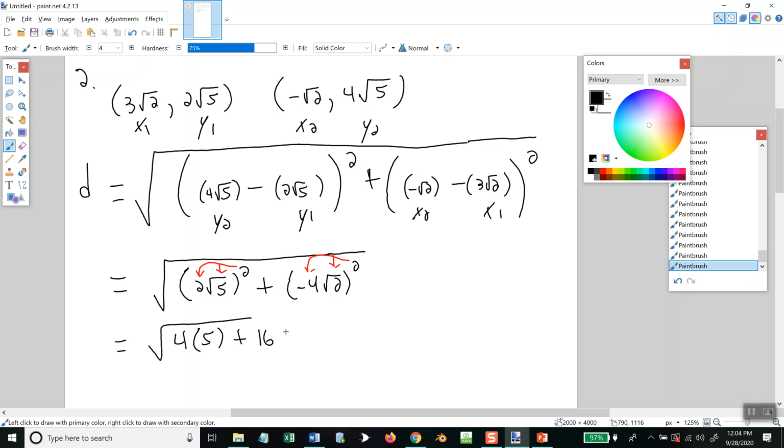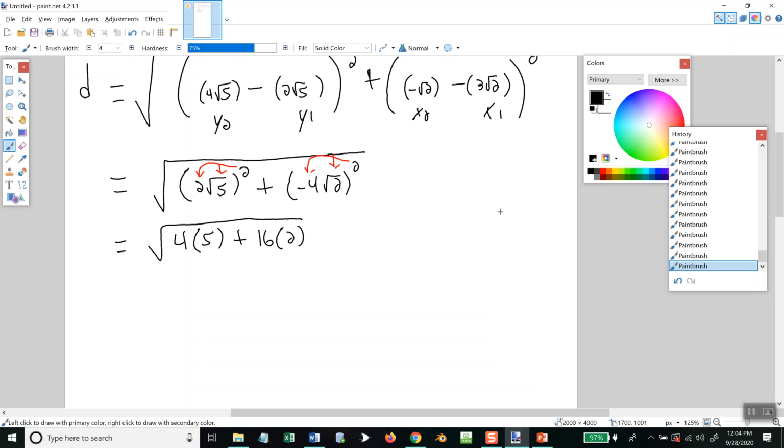Plus negative 4 squared is 16, and the square root of 2 squared gives me 2. So that gives us 20 plus 32, which is 52.